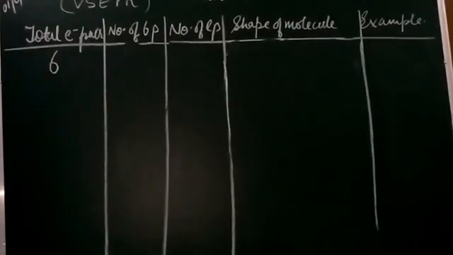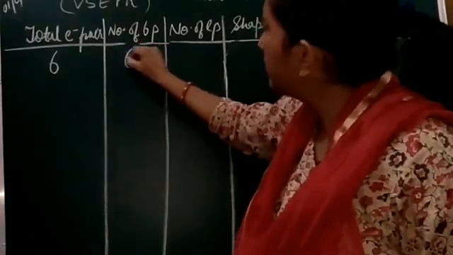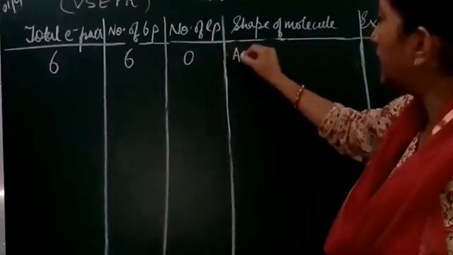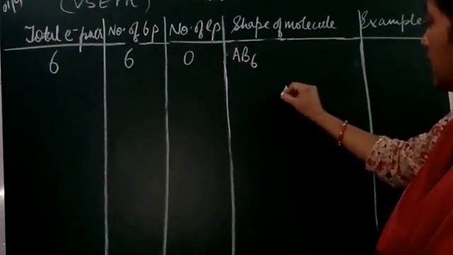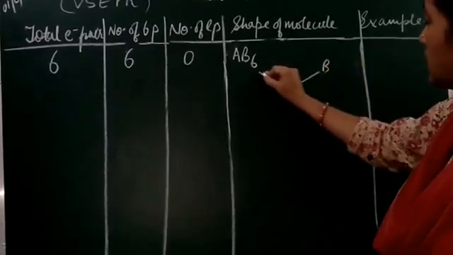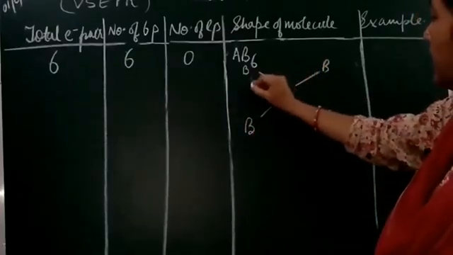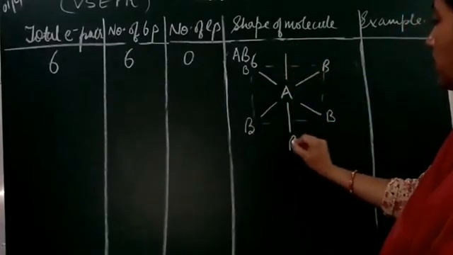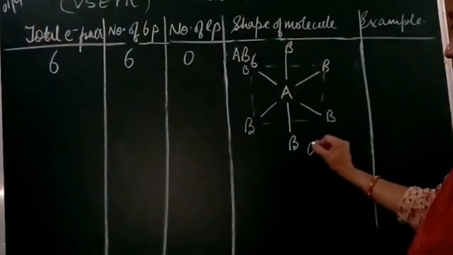We will discuss that if the total electron pair surrounding the central atom is 6 and all of them are the bond pair and there is no lone pair, that means it is of the type AB6, right, where the central atom A is surrounded by the 6 bonded atoms, and the possible shape is going to be the octahedral shape, right?